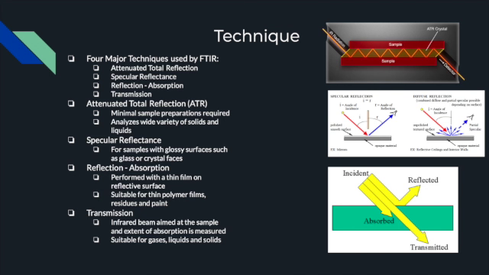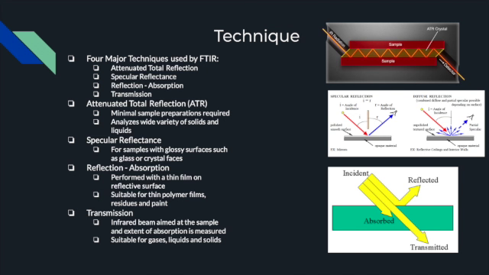Some of the other techniques involved with the FTIR are attenuated total reflection, specular reflectance, reflection absorption, and transmission. Each of these techniques is used for different materials and surfaces.